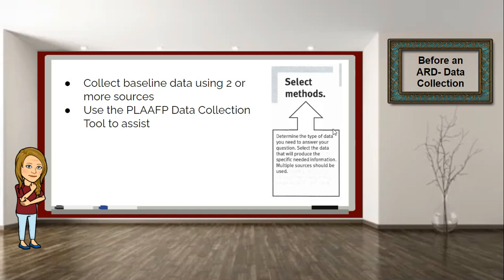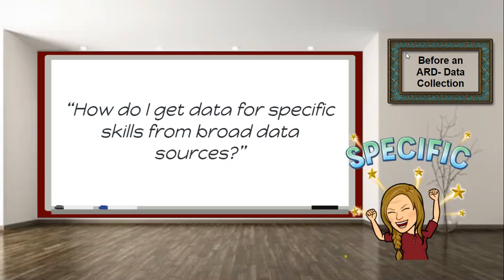On the PLAF data collection tool, there is a column with recommendations on data sources. As the district changes with the times, access to specific sources will also change. The PLAF data collection tool will assist keeping up with what sources the district uses each year. All data should be tied to specific skills.